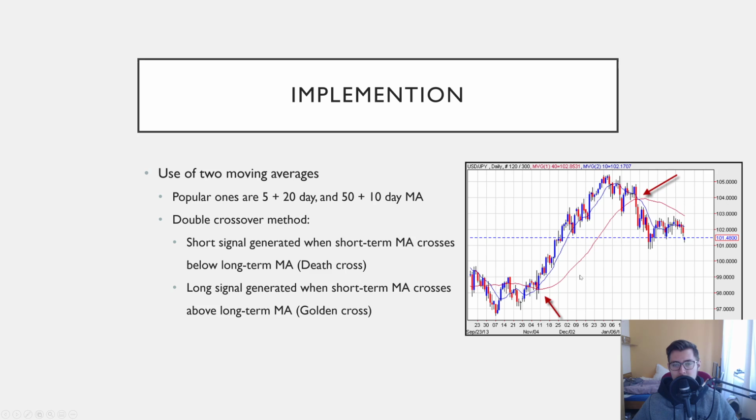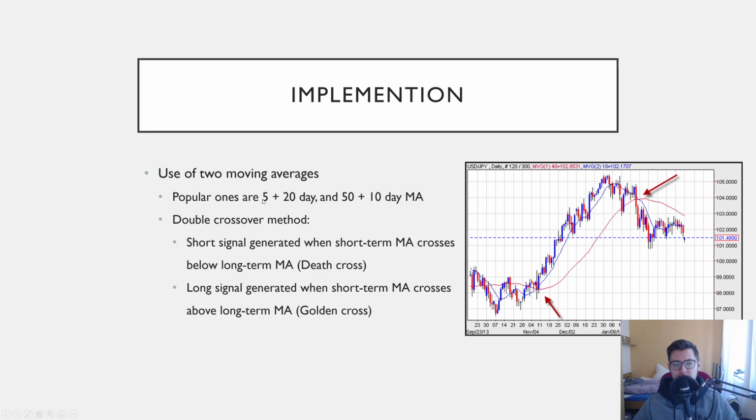So the second one would be the use of 2 moving averages, and compared to the simple one, or compared to 1 moving average, there is a difference because you can now use the double crossover method.